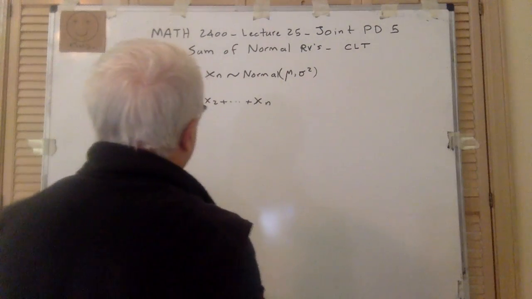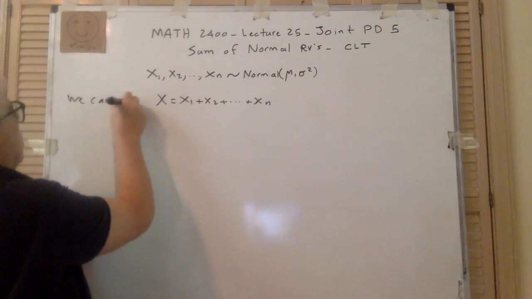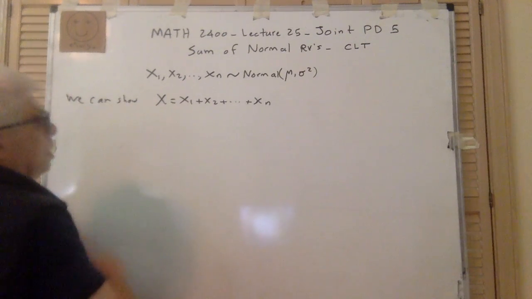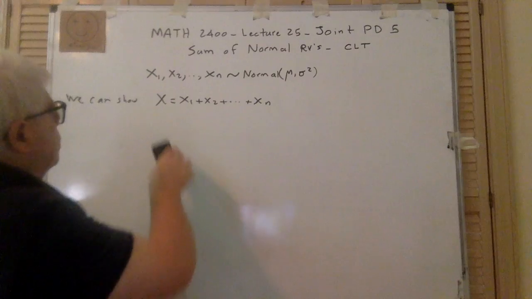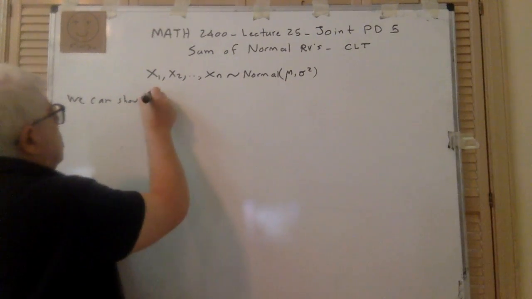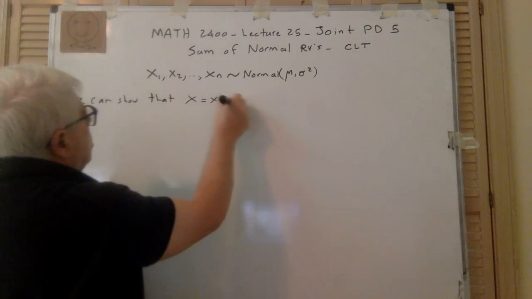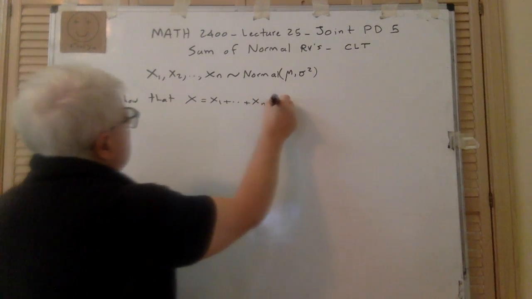So we can show that X, equal to X1 plus up to Xn, is normal.